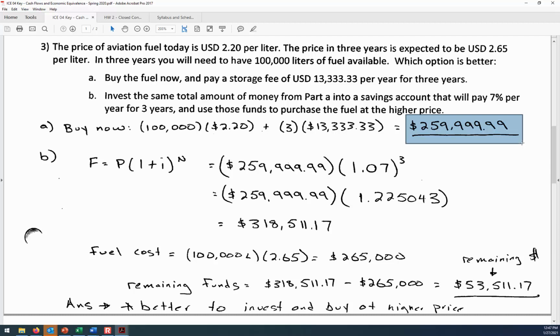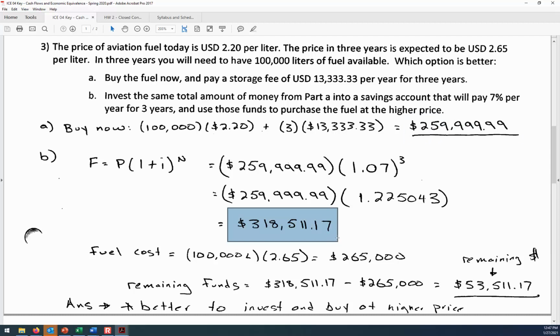And so if you're going to set all of that money aside now so that it's available to do this scheme, you need $260K. The alternative is to invest this. And so let's say you take the $260K and you put it into an account that's making 7%, then the number of dollars you'll have available after 3 years is now $318,000.